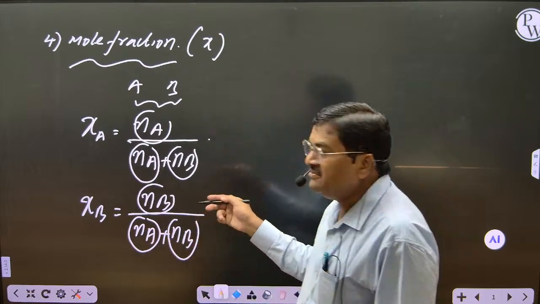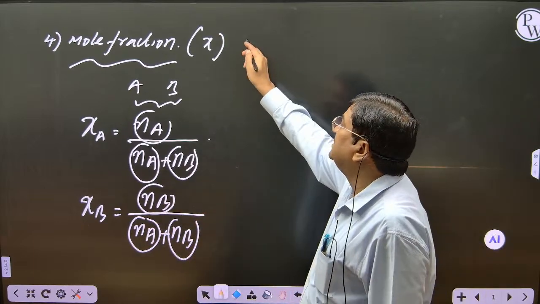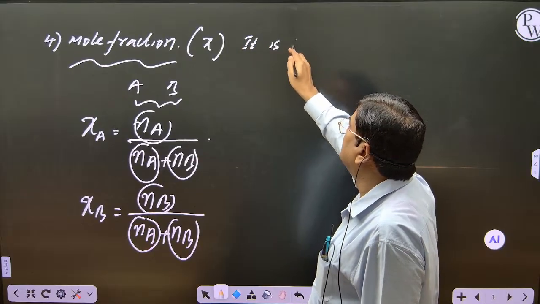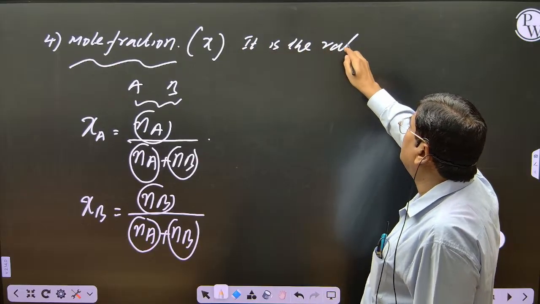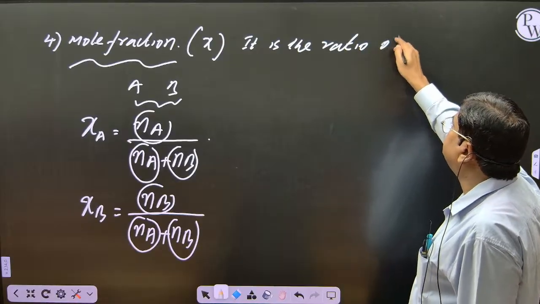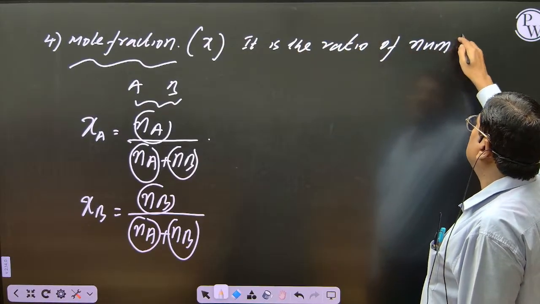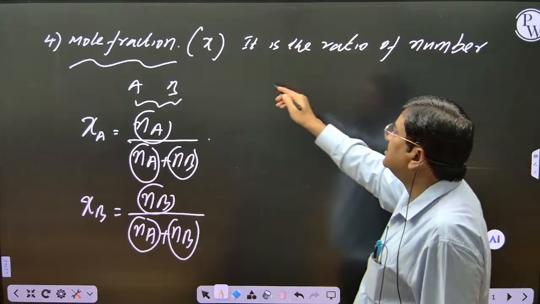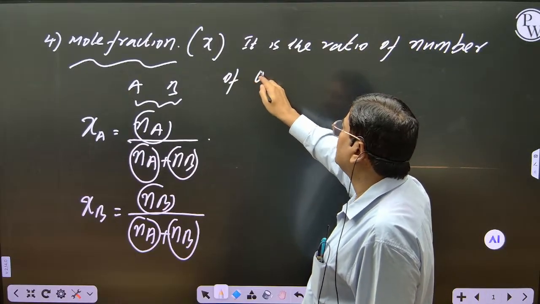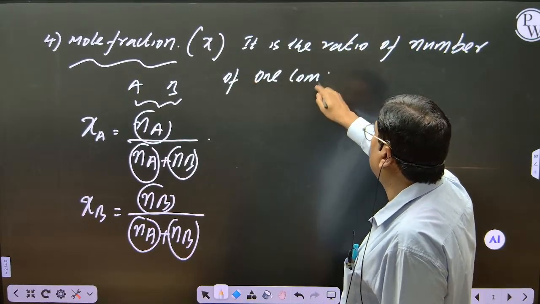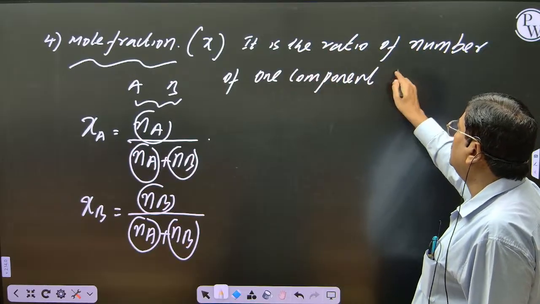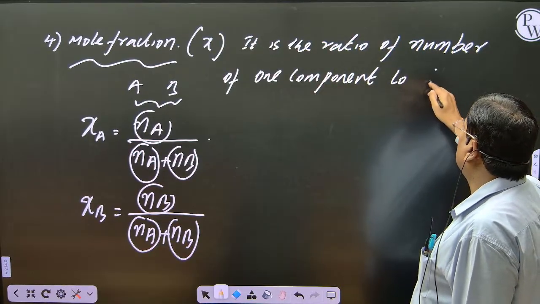Hence what we define for mole fraction, right, definition: it is the ratio of number of moles of one component to the total moles of all the components.